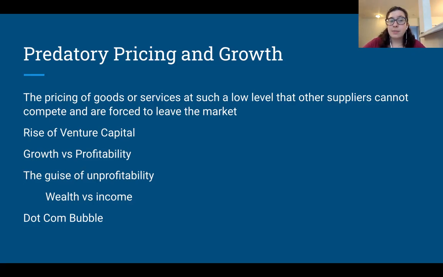And then once the competitors are forced out of the market, because competitors do need to turn a profit on their things, then they start raising the price, which is the reason it's called predatory pricing: you prey on the smaller companies until they leave the market, or if you're an animal, you eat them. And then once that happens, you're able to hike up the prices. This is what Amazon does all of the time.